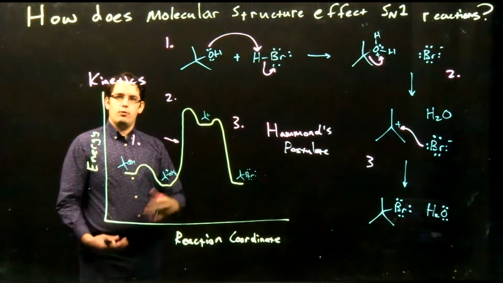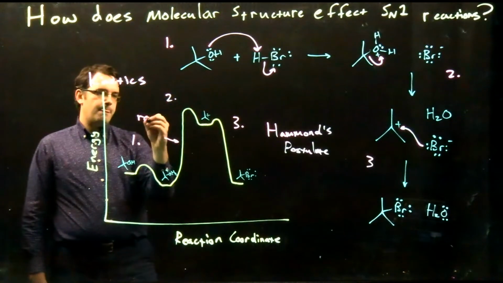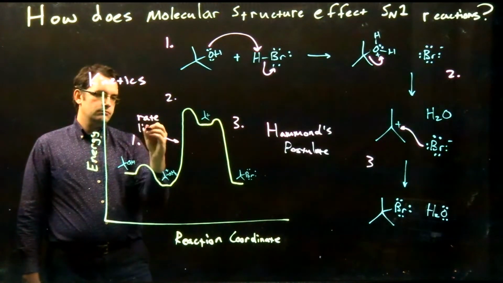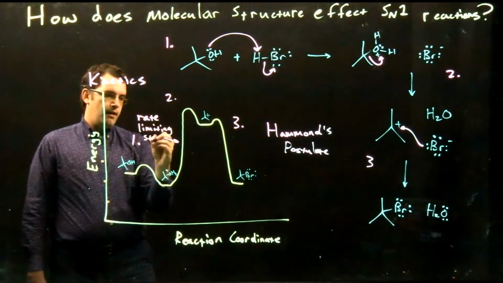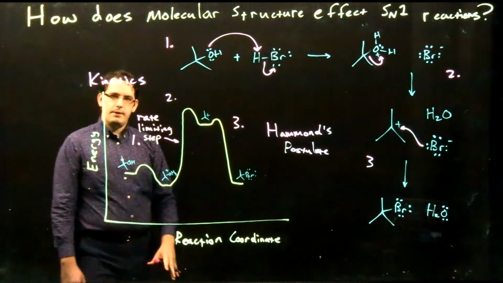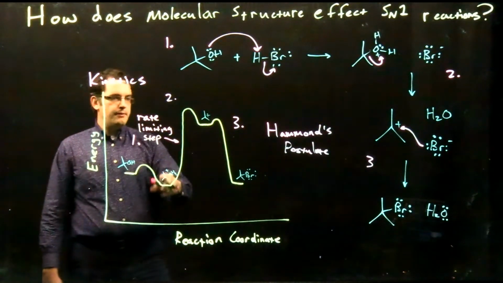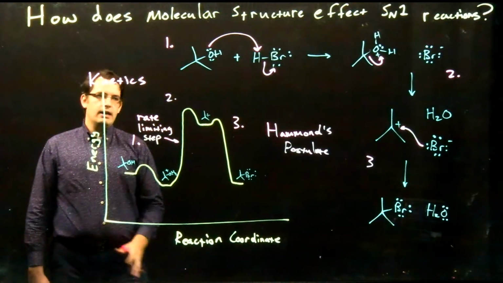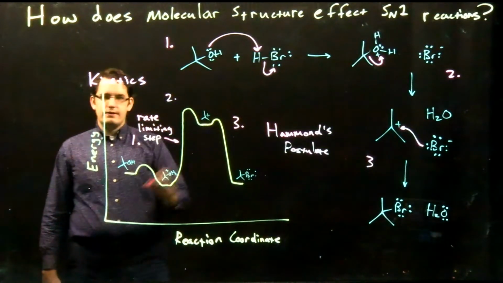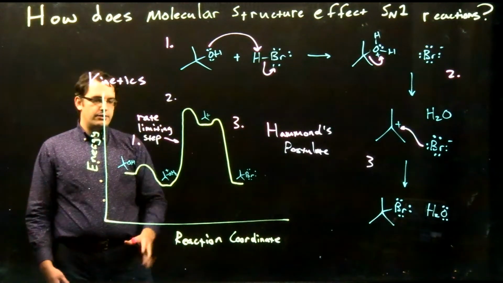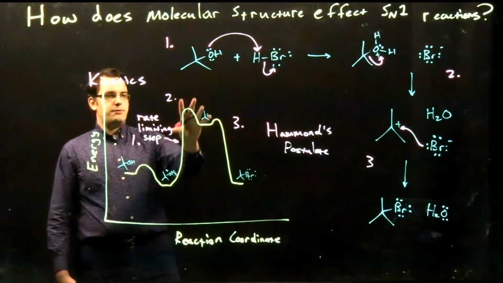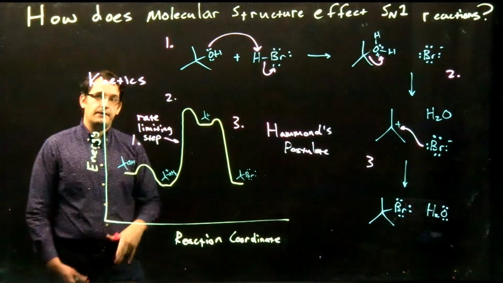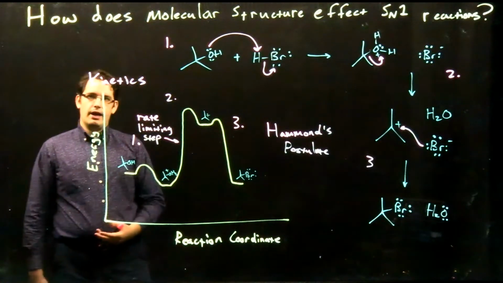We call this the rate limiting step. And that's because since we have such a large barrier here, right, this step is going to be really slow. And so the speed of the second and the third step doesn't really matter that much, right? Because they're going to occur very quickly compared to our second step. And it's really just going to be the second slow step that's going to determine the rate of the reaction overall.